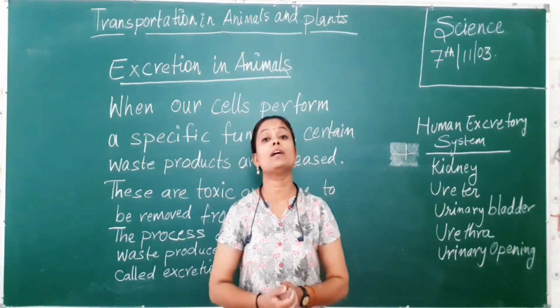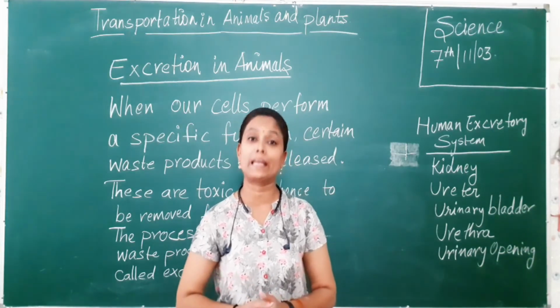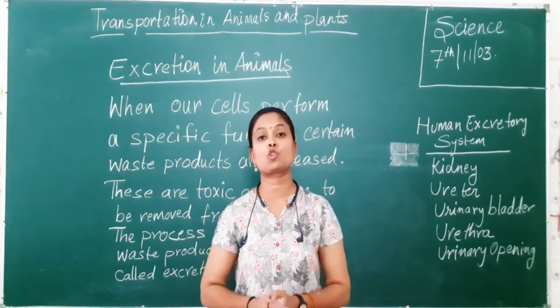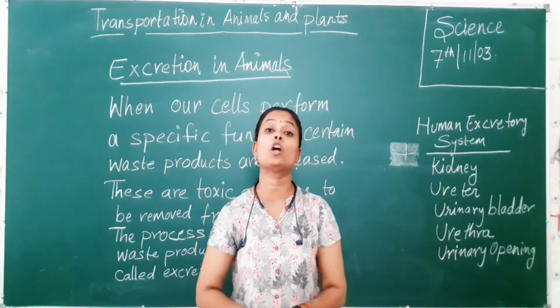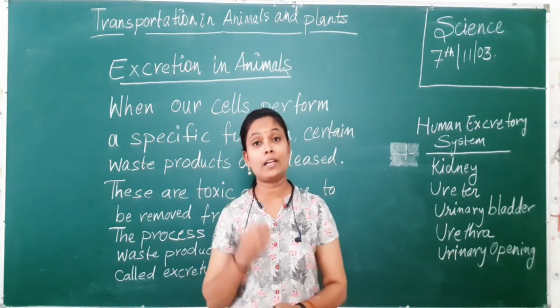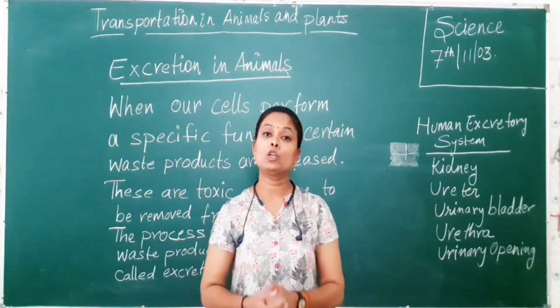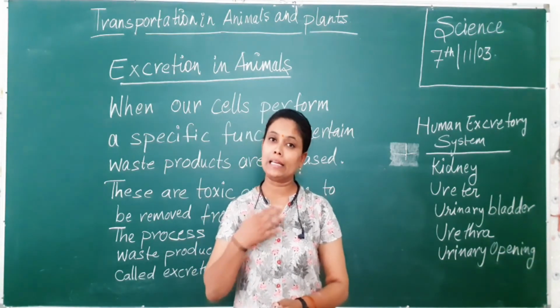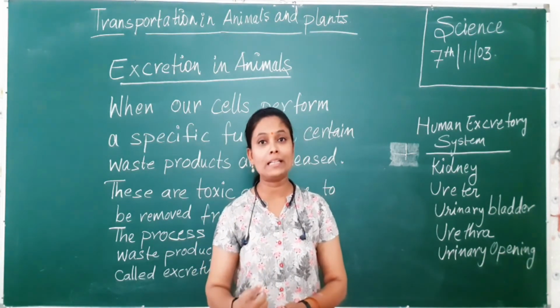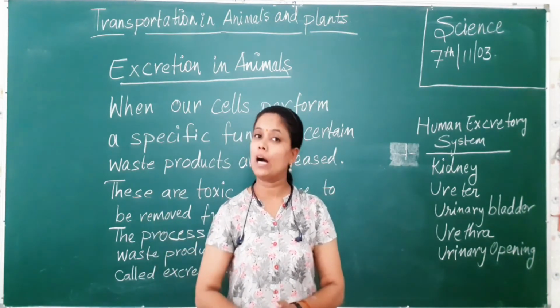Suppose my father's kidneys stop working. Both the kidneys stop working. So what is going to happen? Blood cannot be filtered, but it is very necessary to filter the blood. So in such a condition, I can donate 1 kidney to my father.